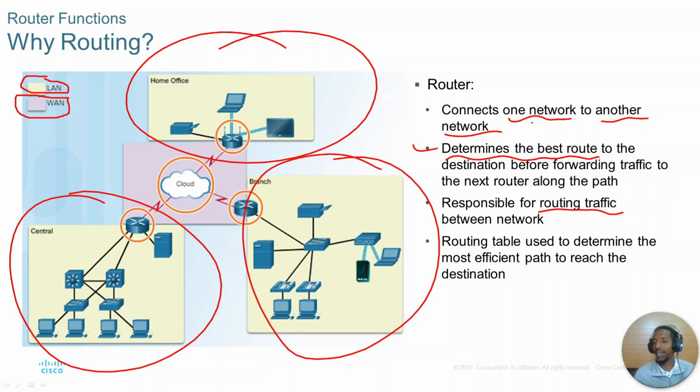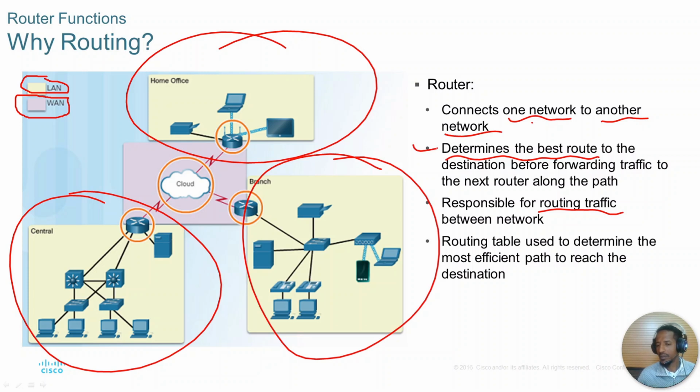Routing means sending your message. So when we say traffic in this context, it means the message. Routing is nothing but sending it through the best path. So it can route your traffic, or send your message across different networks. That's the concept of what routing means.